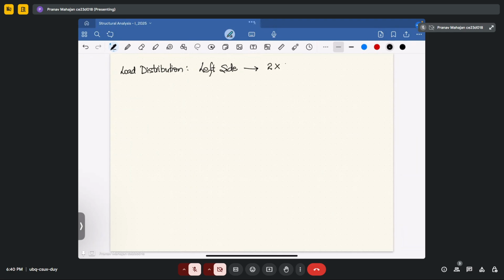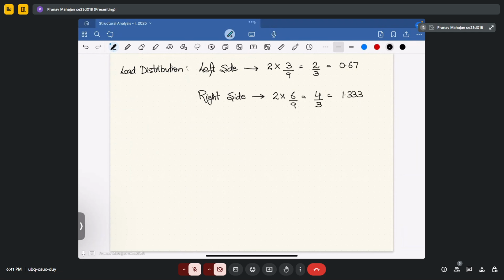What is the distribution? It is 3 by 9, that is 1 by 3, so 2 by 3 equal to 0.67. And the load distribution on the right side will be equal to 2, the total length, into 6 by 9, that means 4 upon 3, which is equal to 1.33.